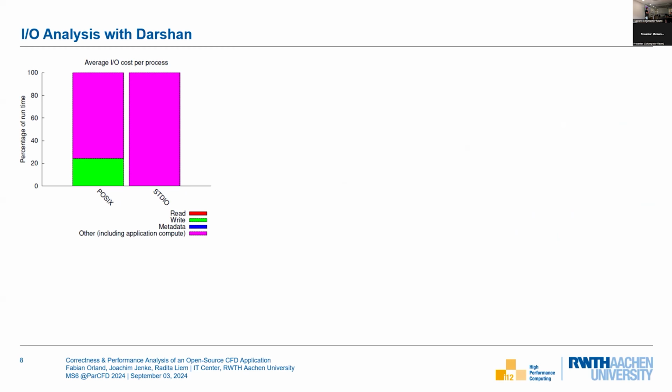It can tell you, okay, what's the average I/O cost per process, meaning, what's the percentage of the runtime that is spent, for example, with read, with write calls. And for our case, what we can see here is that CalculiX spent more than 20% of its runtime performing writes, which is quite a lot, I would say.